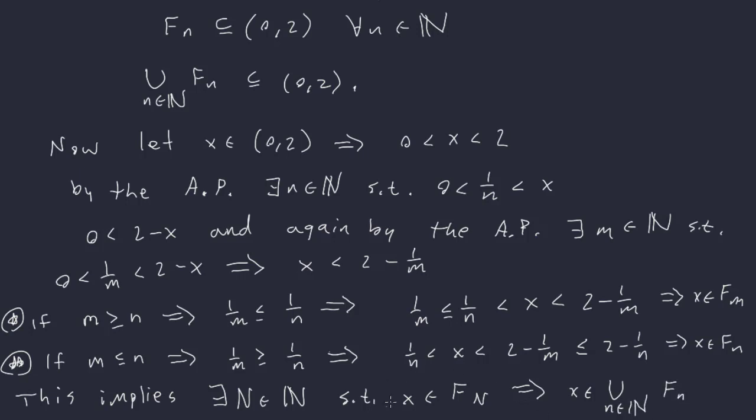Because if it's in one of them, it's in the union. So it's a bit of a long walk, but we started with an x in 0 to 2 and got that it's in the union.